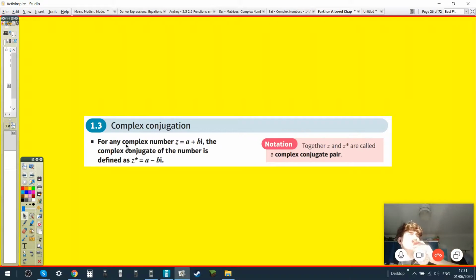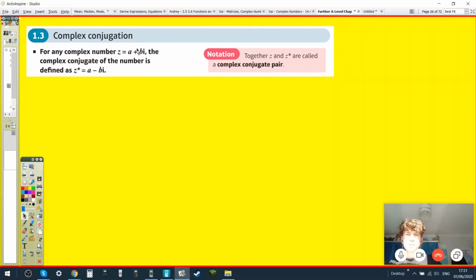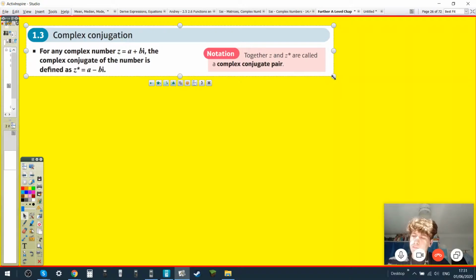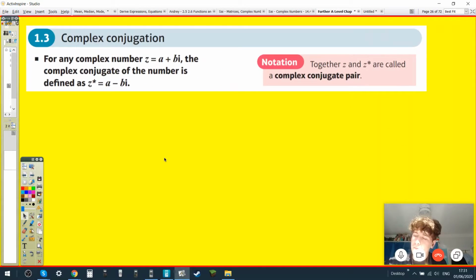Okay, what's this? Complex conjugation. For any complex number, the complex conjugate of the number is defined as the negative thing. So for a plus bi, the complex conjugate is a minus bi. And z and z star are called a complex conjugate pair.